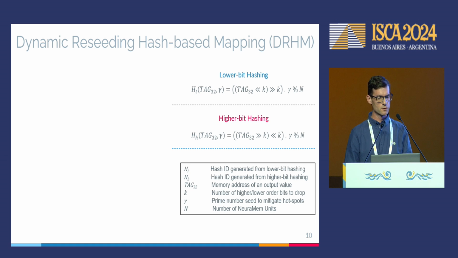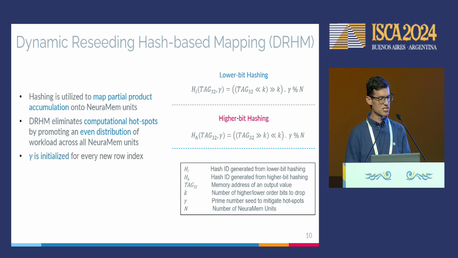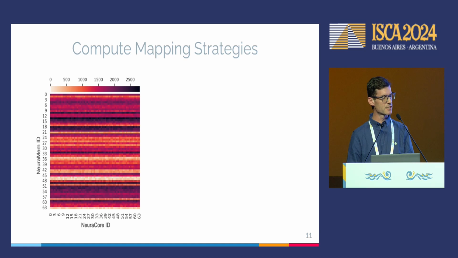We have tried lower bit hashing and higher bit hashing. The best strategy for us was lower bit hashing. And the idea, and this is the word dynamic that is in the title of the slide, is that in order to achieve a sparsity-agnostic mapping of this accumulation, we have a seed which is represented by gamma. And this gamma is initialized for every new row index, so that we achieve a mapping scheme as follows.